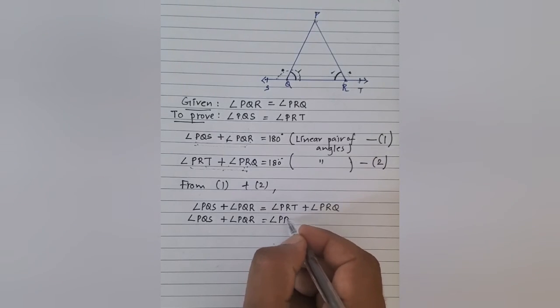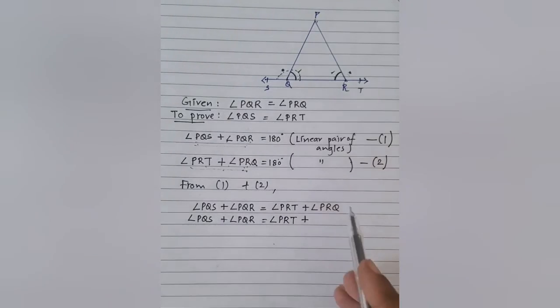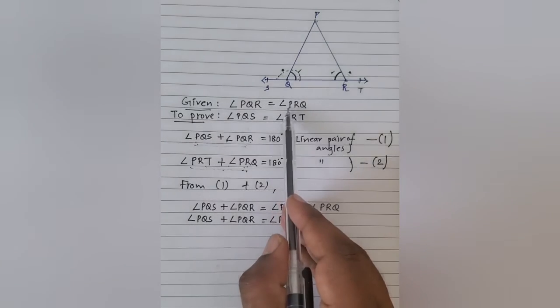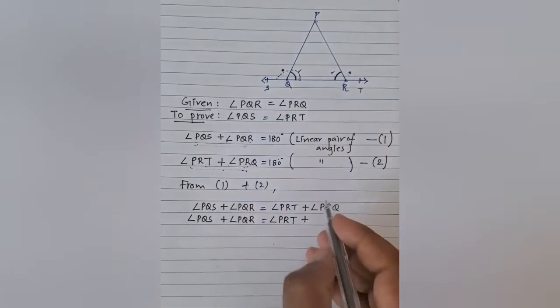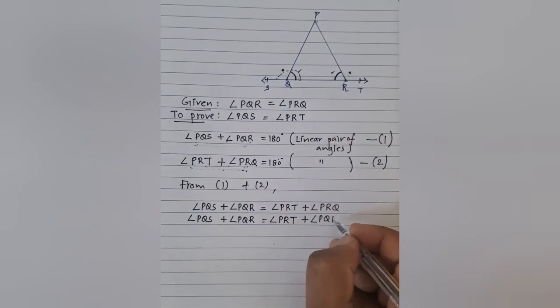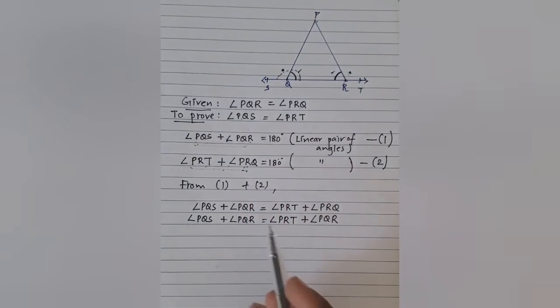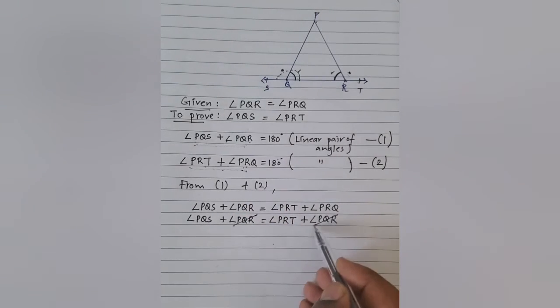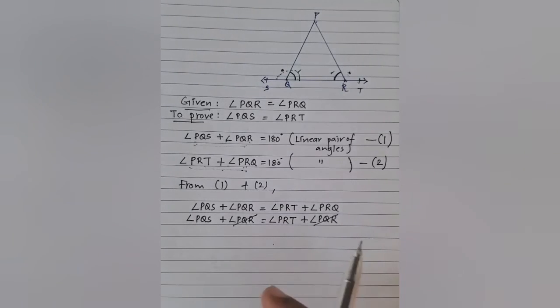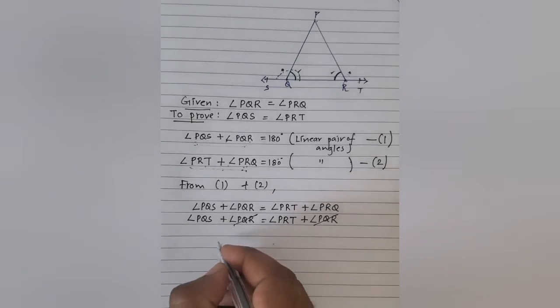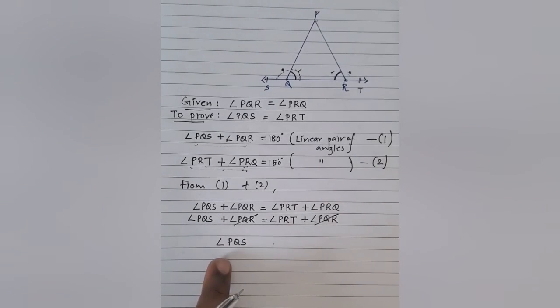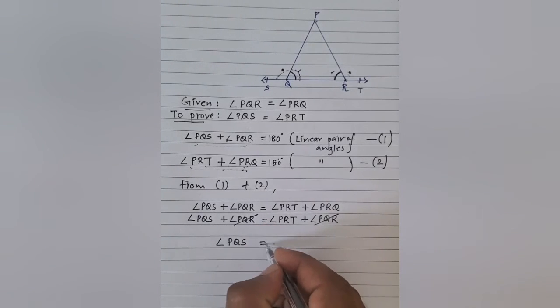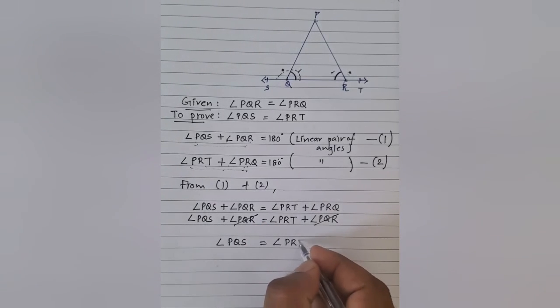Over here, PRT plus, instead of PRQ, I will write PQR because they are equal to one another. In the next step, since they are the same and on either side, they get cancelled out. So what are we left with? We are left with angle PQS on the LHS equal to angle PRT.